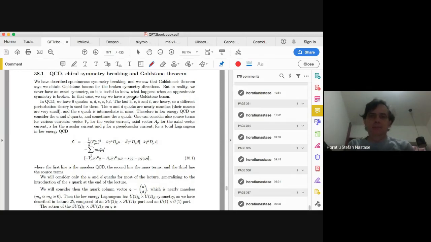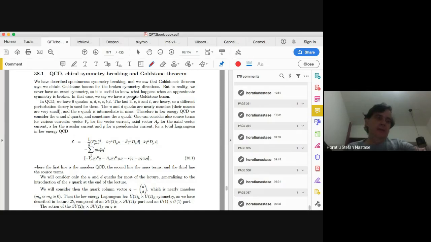So we saw that when we have spontaneous symmetry breaking, Goldstone theorem says that there are Goldstone bosons for the broken symmetry direction. So for the direction in group space in which the symmetry is broken.